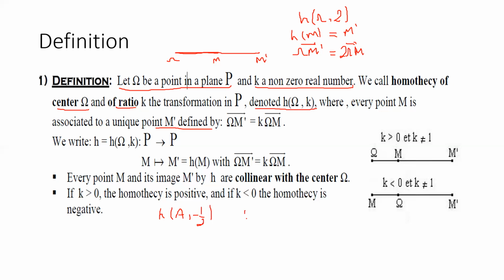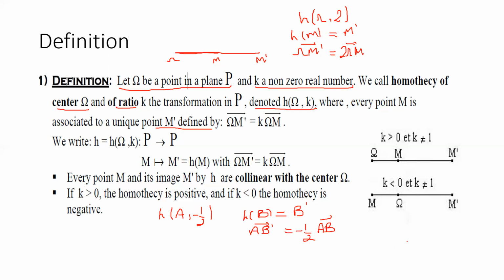Suppose that I have h of B equal B prime. What does h of B equal B prime mean? B prime is the image, so the vector A B prime equals minus 1 over 2 AB. Why did I start with A? Because A is the center.